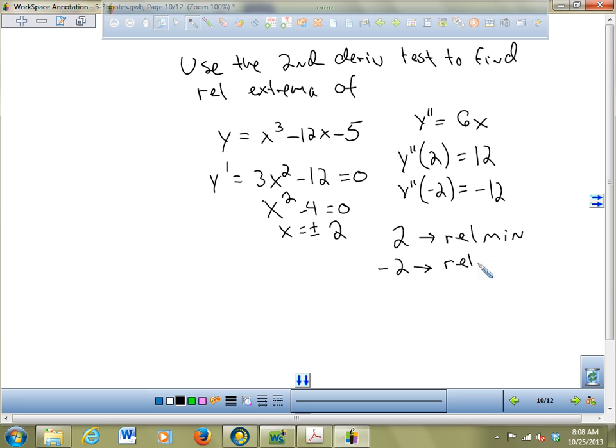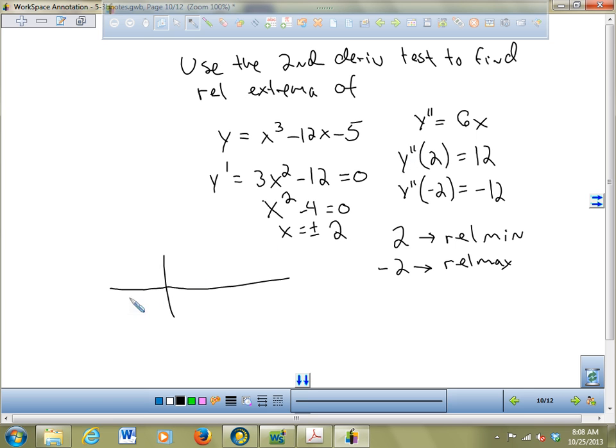A relative maximum. If you graph this, this is a cubic function. Because it's a cubic function with a positive leading coefficient, it goes from down to up.